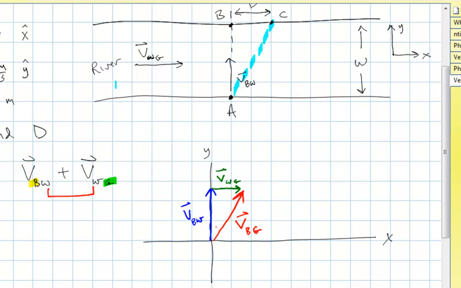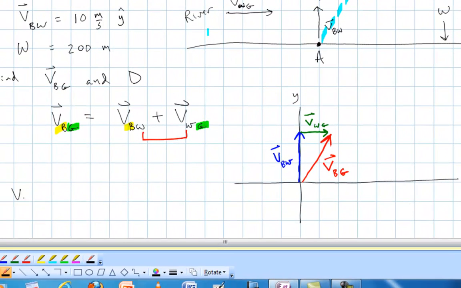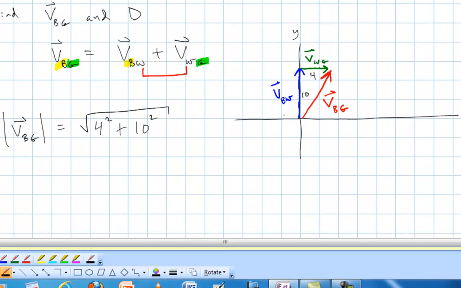So the first thing we want to do is find what that is. And this is already a right triangle. I gave you some easy ones. The velocity of the boat with respect to the water was already perpendicular to the velocity of the water with respect to the ground. So this is fairly straightforward. The velocity of the boat with respect to the ground, the magnitude of that is going to be: this side is 4, the other side is 10, and we're finding the hypotenuse. So the square root of 4 squared plus 10 squared. And we can find an angle.